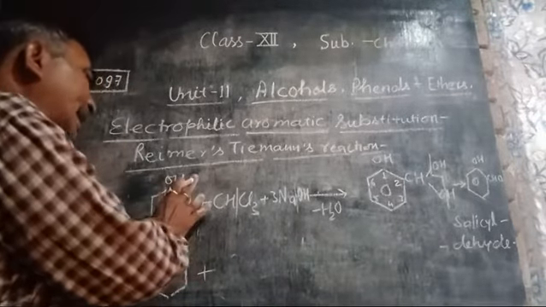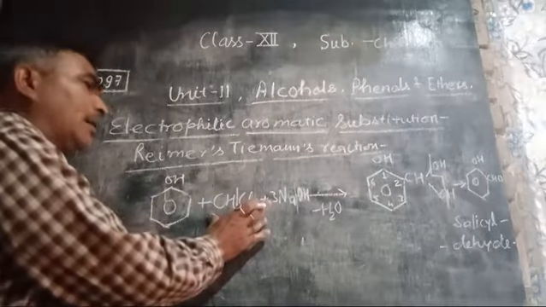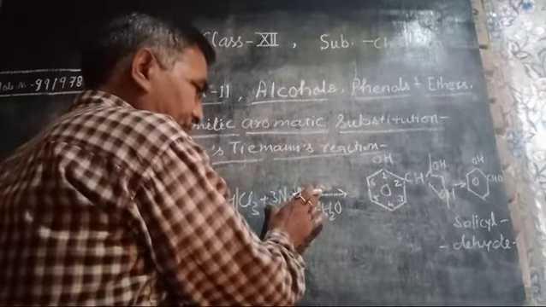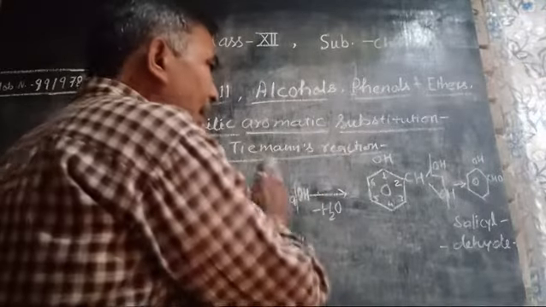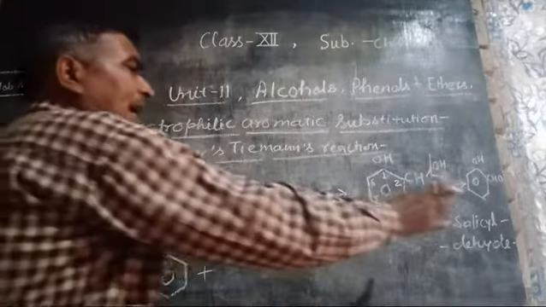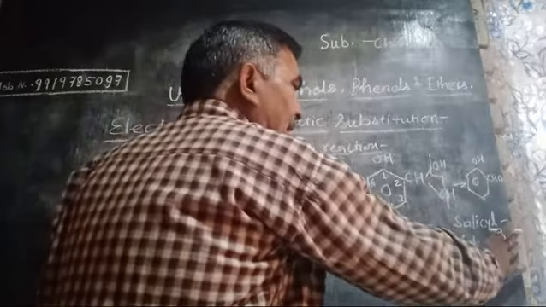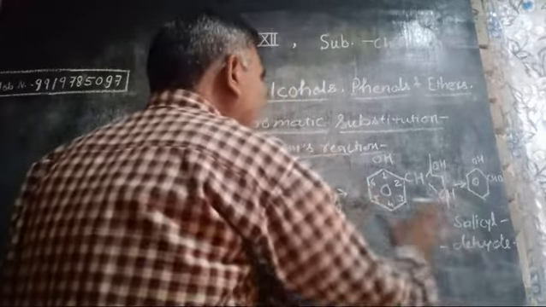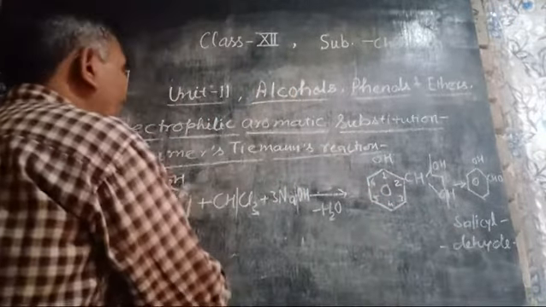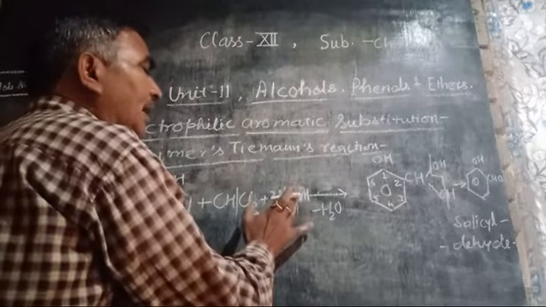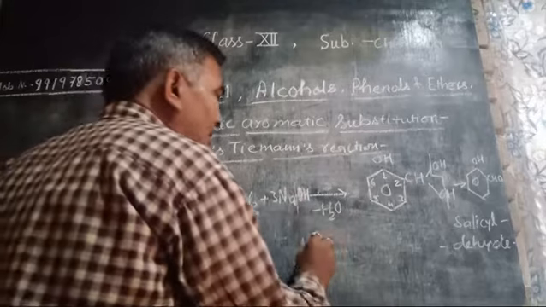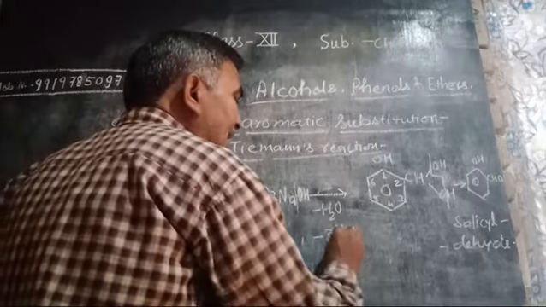When phenol is treated with chloroform and alkali, means NaOH or KOH, then salicylaldehyde is obtained. In the reaction, the 3 Cl atoms attach with 3 Na, forming 3 NaCl.